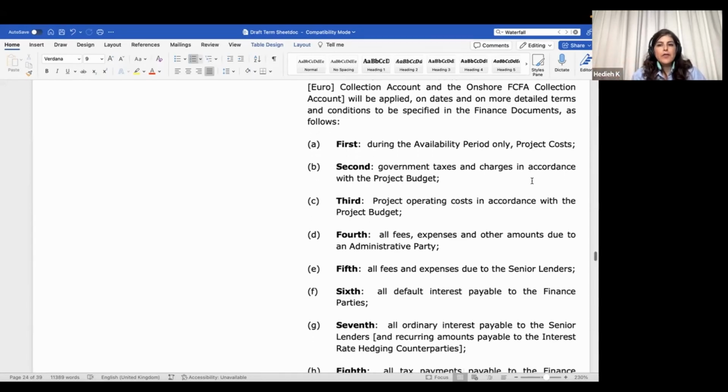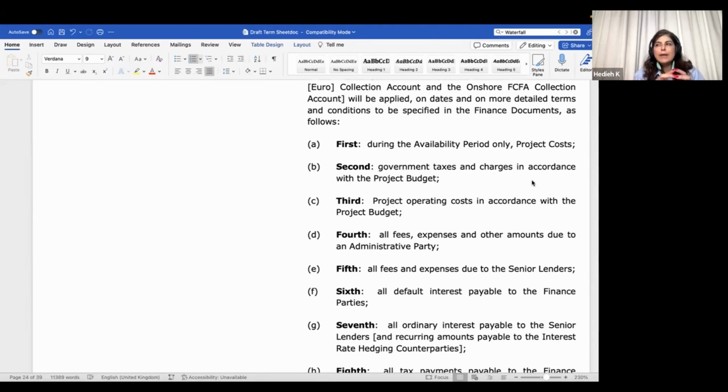Then the second one is the government taxes. Of course, the project has to pay its taxes. Everybody understands that these things that are ranked first are necessities, right? It's somehow the operation of the project, the existence of the project depends on them. So that's why they rank them first. The second one is the tax. The third one is the operating costs.